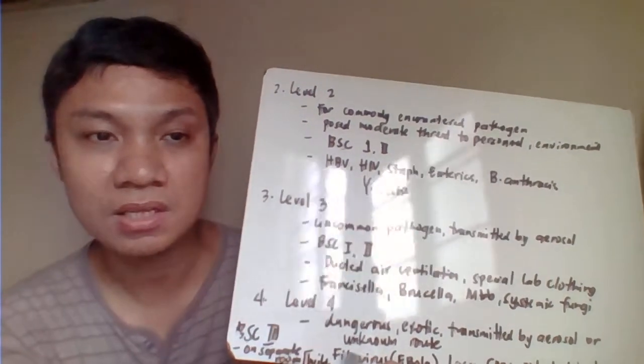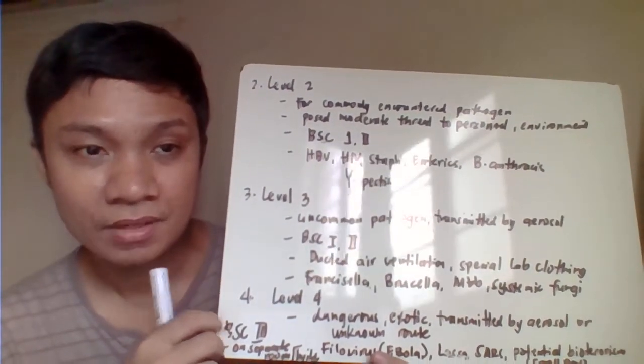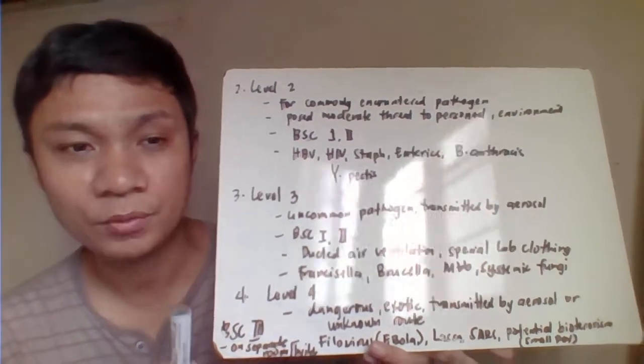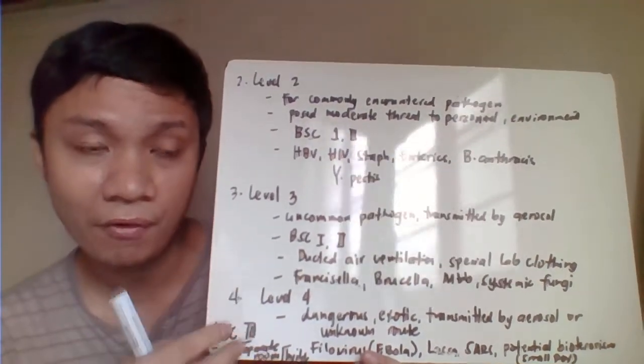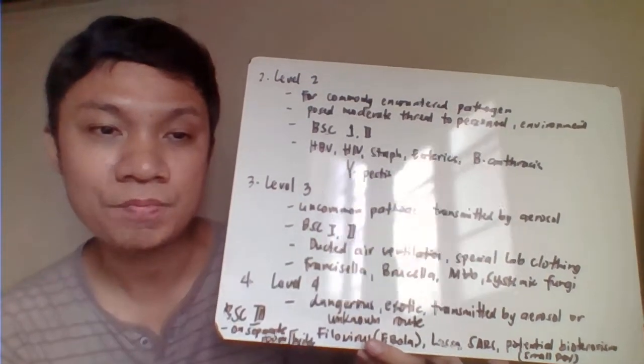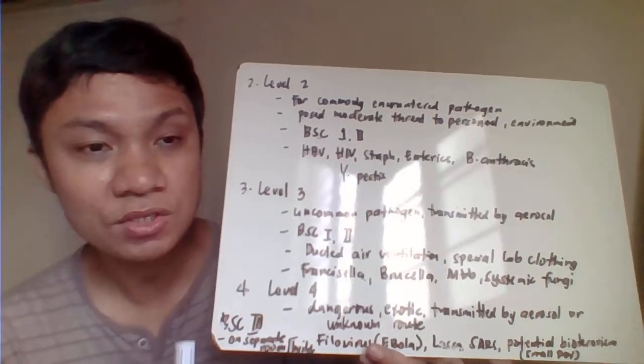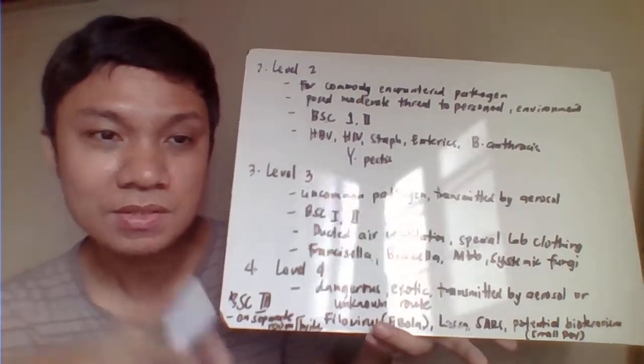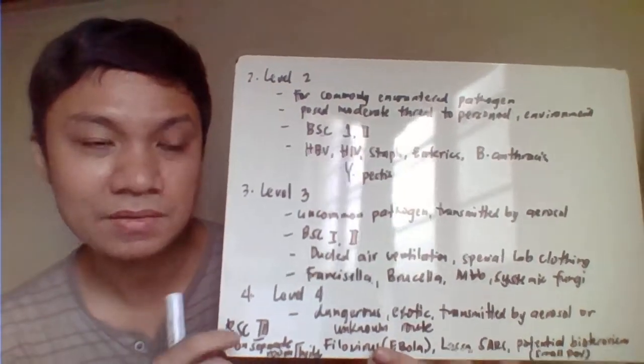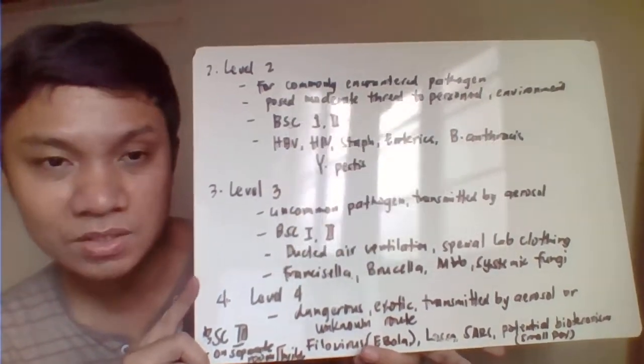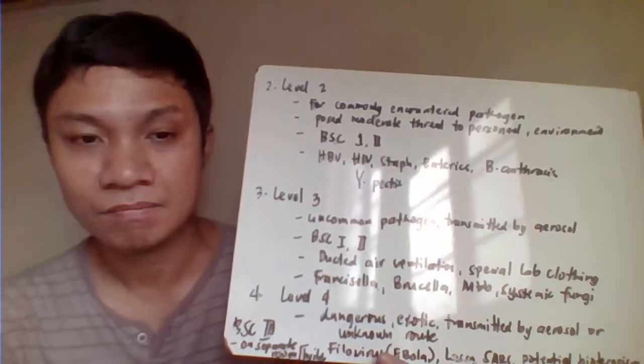Before you enter this type of laboratory handling biosafety level 4, there should be a changing room, and you change before you enter and change again before you leave, because these are highly contagious and infectious microorganisms. Okay, thank you.